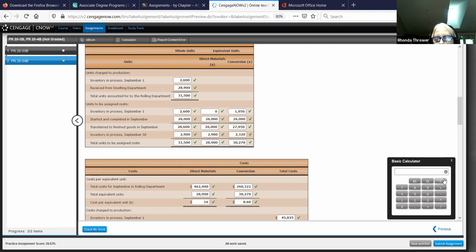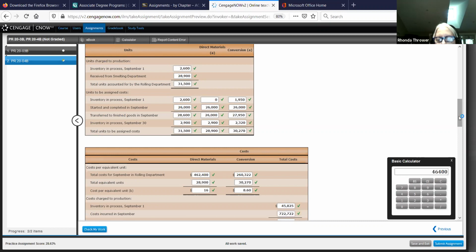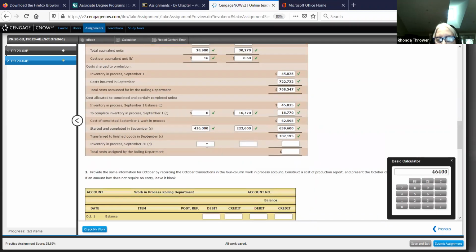it by the materials cost per equivalent unit, which was $16. So 2,900 times $16 will give you 46,400 as your ending inventory materials cost.